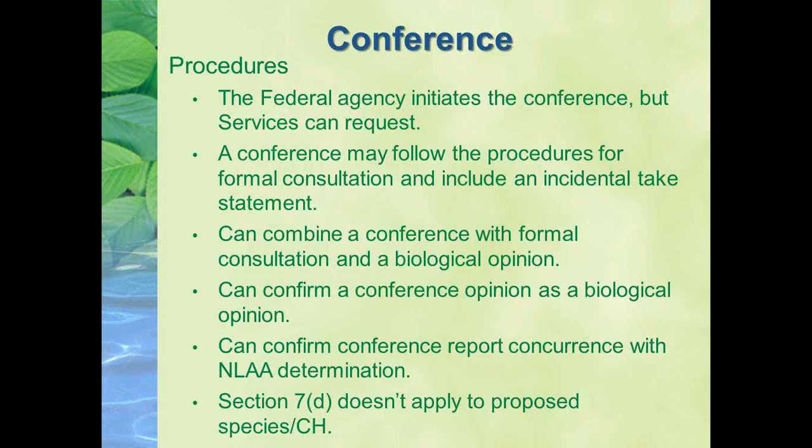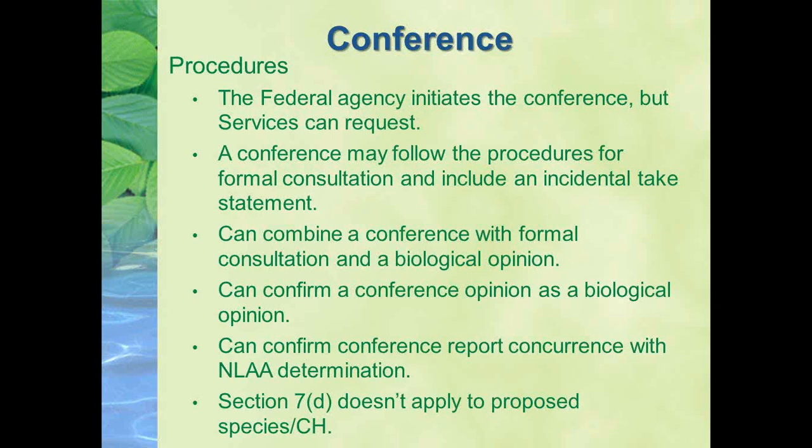You can combine a conference with a formal consultation. You've got an action, a species is proposed. You're already going to consult with us for some other species or habitats that are already listed or designated, and then we've got this proposal.